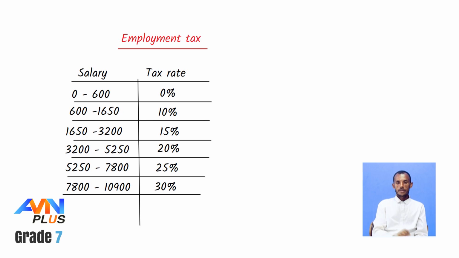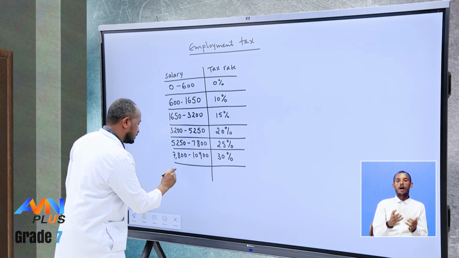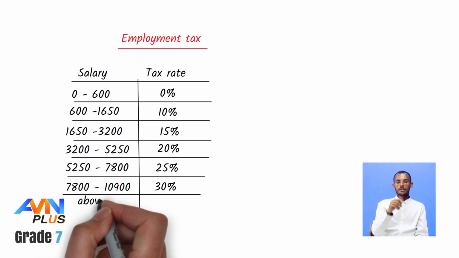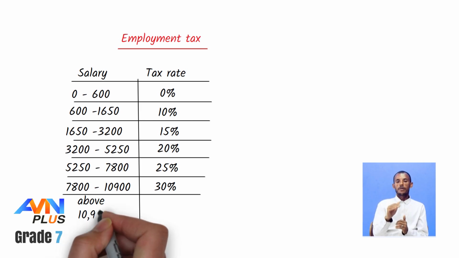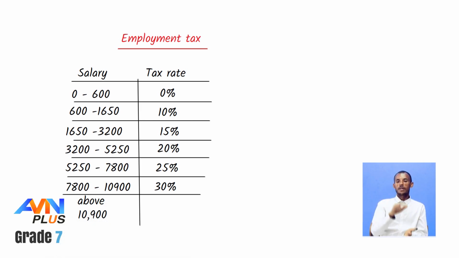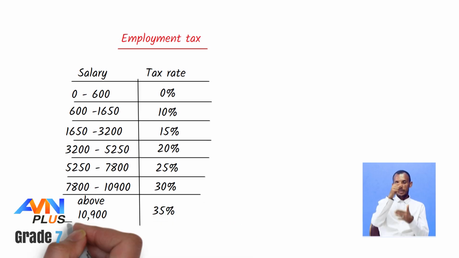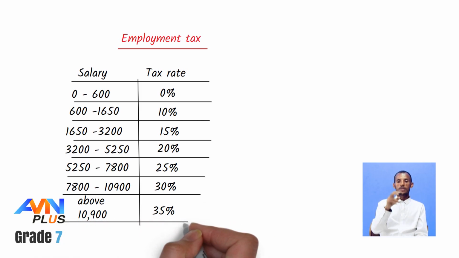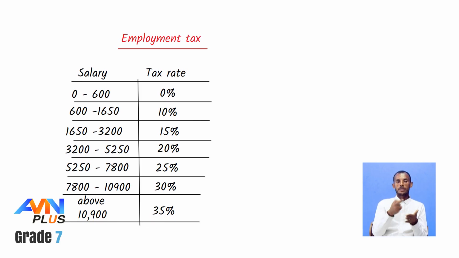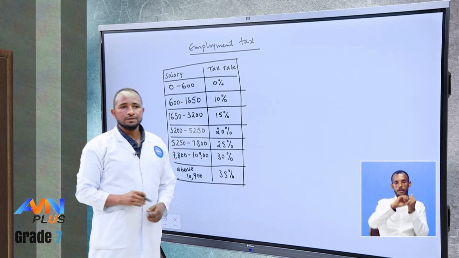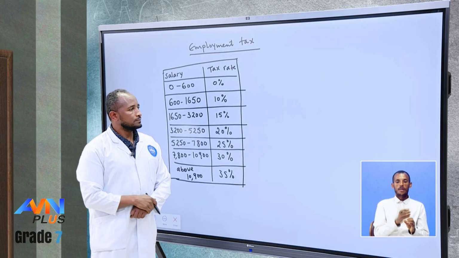Now, above 10,900, the tax rate for this interval is 35%. So this is our country's income tax rate. Based on this, we'll see how to calculate income tax.